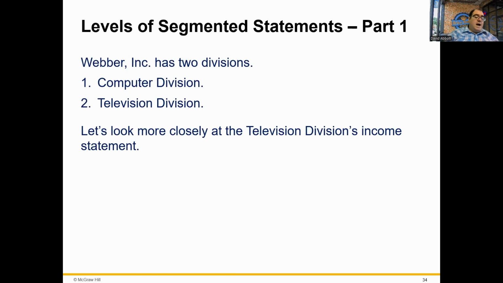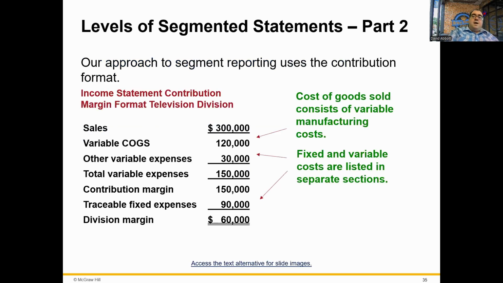So let's look at an example of a segmented income statement. Assume that Weber Inc. has two divisions, a computer division and a television division. We'll take a look at the contribution format income statement for the television division shown here.